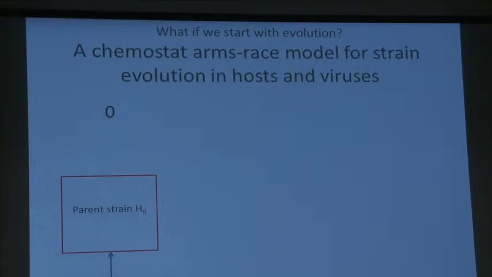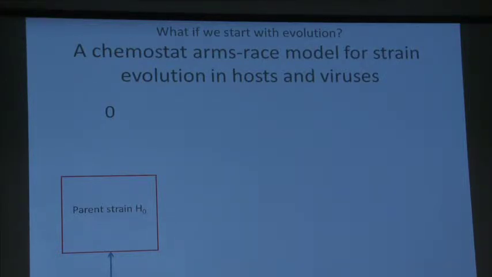So if we start by doing slightly more than this one virus, one host model, and look at one species, and then try to do this chemostat thing of infecting one host in the chemostat.